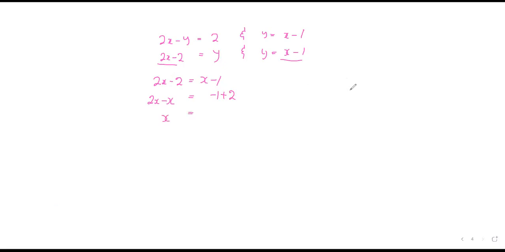That's going to be 1. So x is 1. We need to get what y is. If x is 1, if I put 1 here, 1 minus 1 becomes a 0. Therefore, that's the solution for that.